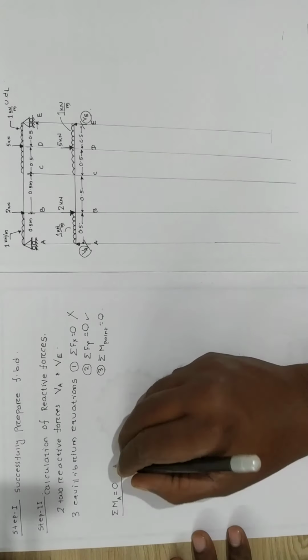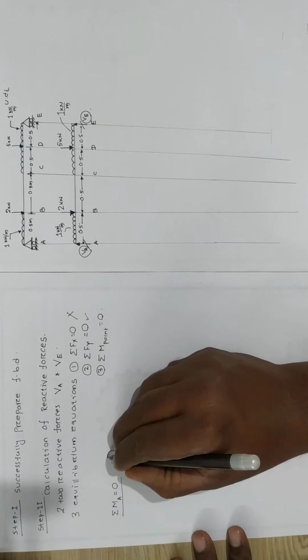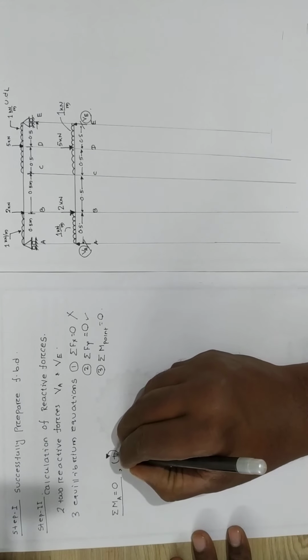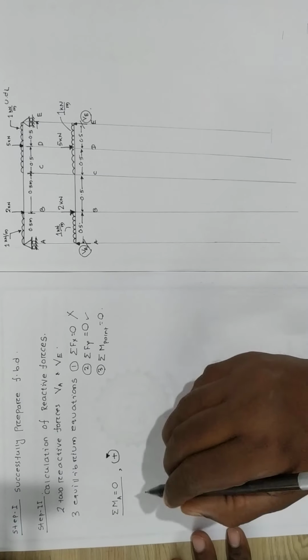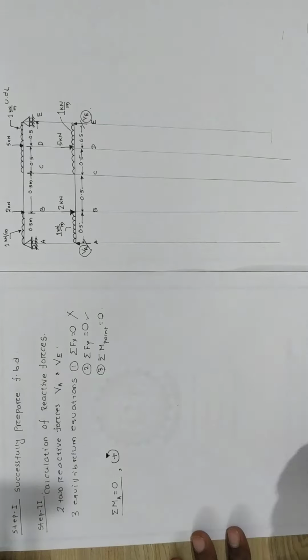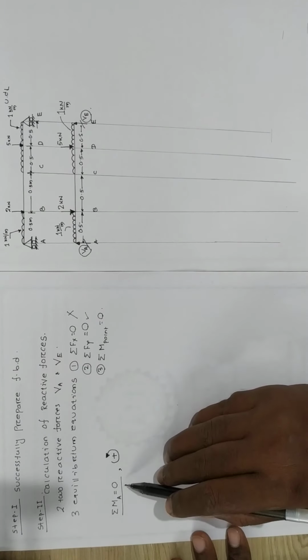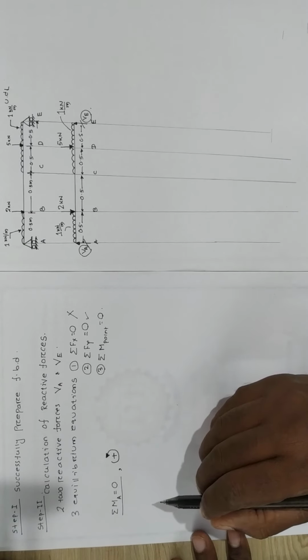The standard notation everybody naturally takes, it is up to you, but you prefer this one: counterclockwise moment I am taking as positive. So summation of moment at point A equals 0, and counterclockwise moments are positive.